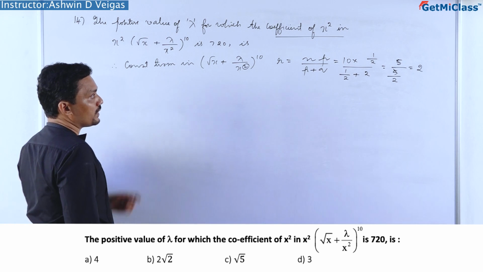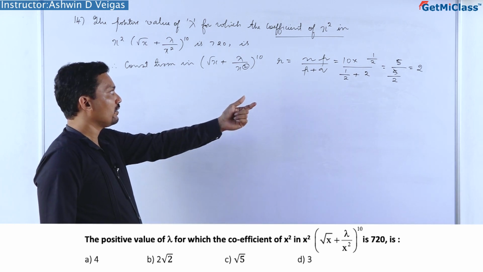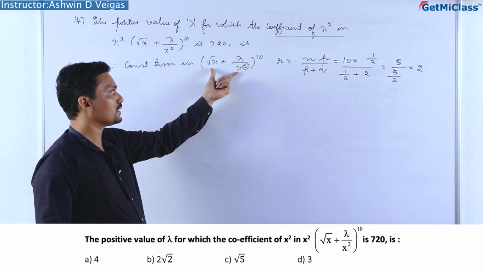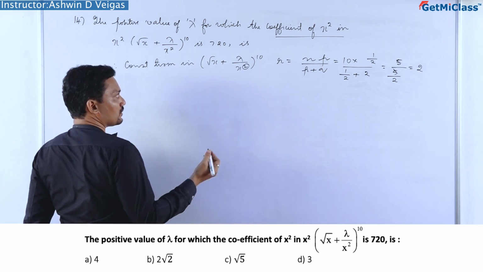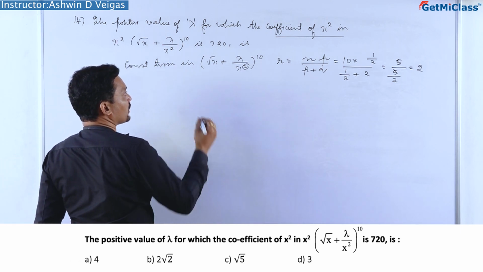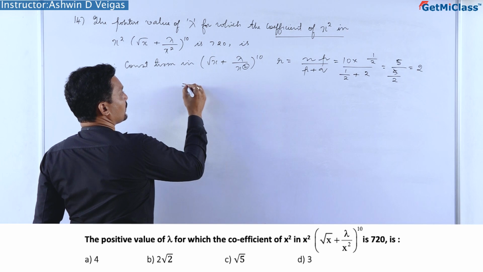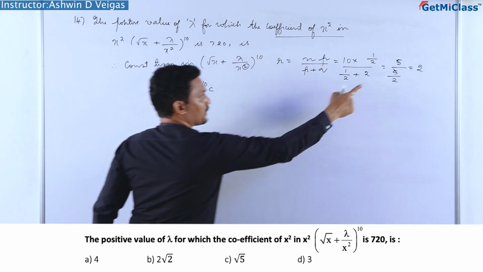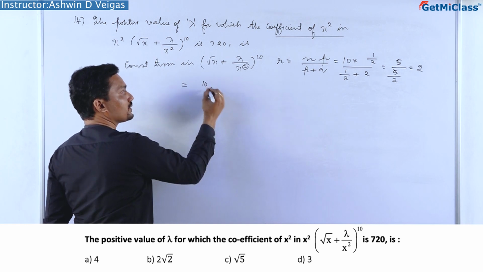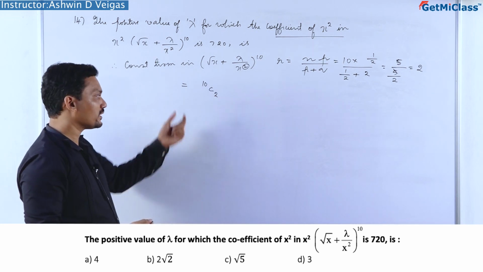Now, using that value of r, we will be able to find the constant term of this. For the constant term there is a very important shortcut. When you write the constant term, first you have to write 10 c 2. This is the short way of writing, otherwise it becomes long.